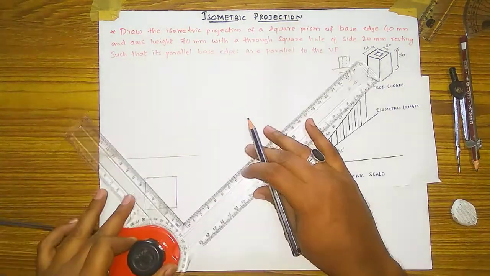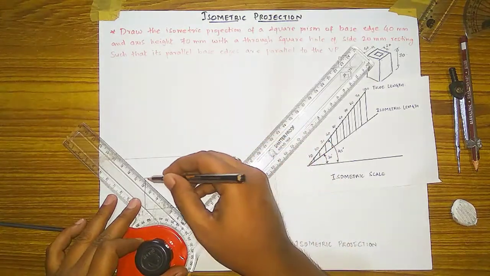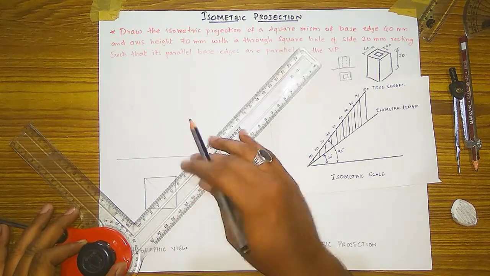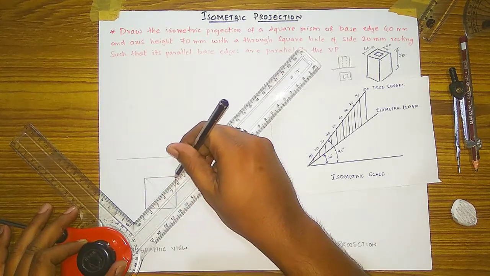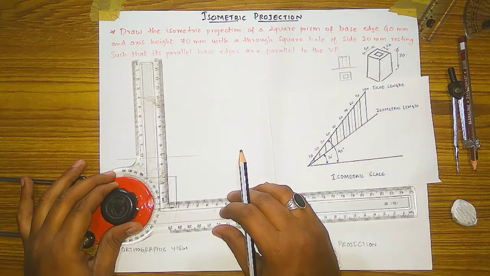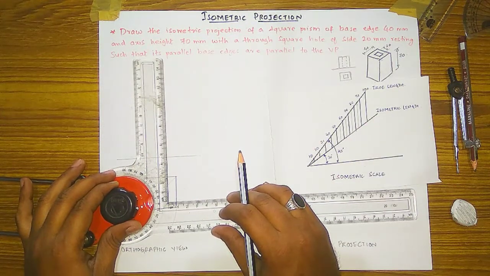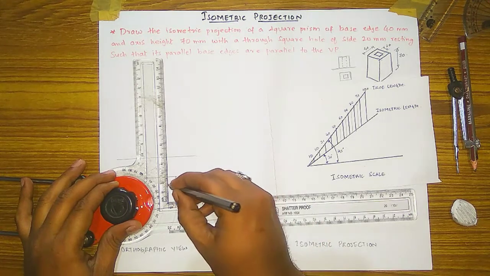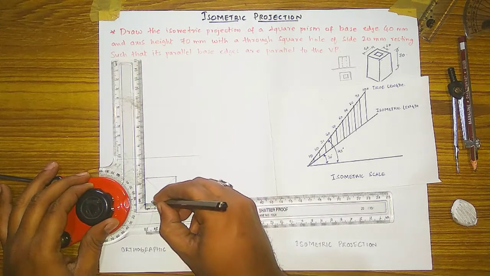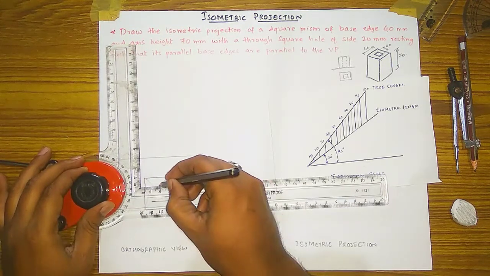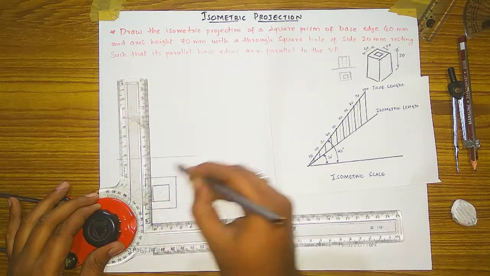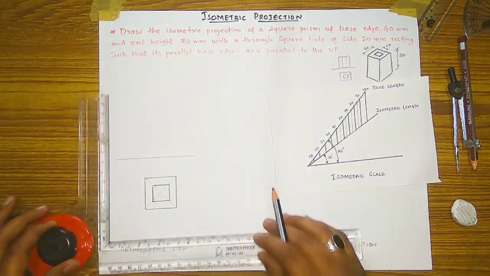First we have to draw the diagonals from these ends. On this diagonal only you will get the 1.6 mm line. Now I am drawing 1.6 here and here, and automatically you will get 1.6, and your square has been created.